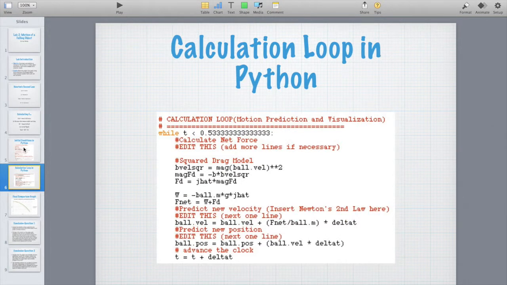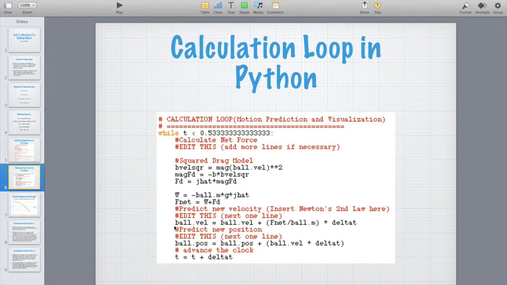For the calculation loop of the position of the cup in Python, we set the time equal to the total time interval that the action happened, and then we model drag through the ball's velocity squared times the proportionality constant b times j hat. Then, in order to get F net, we add the weight force, which is negative mass of the cup times gravity times j hat.